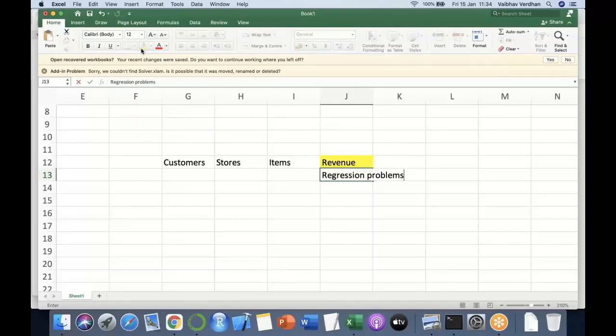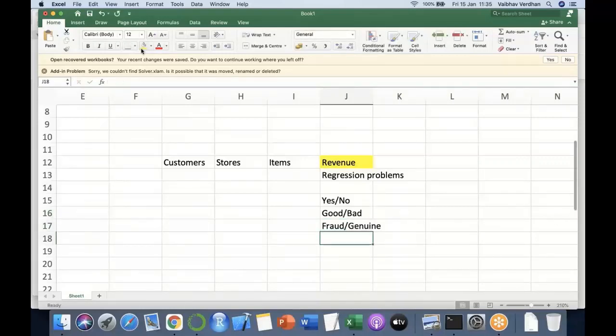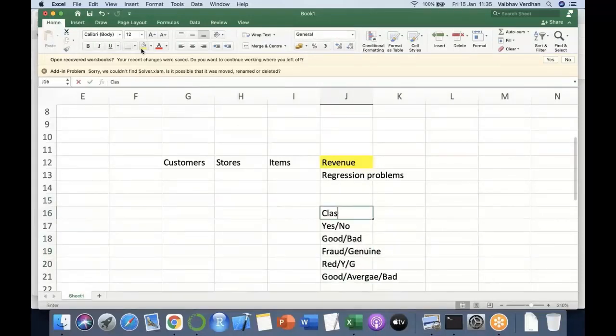If the target variable is categorical, that means yes, no, good, bad, fraud, genuine, or a multi-class one, where you have red, yellow, green, or a survey where you have good, average, bad, then all these are in the purview of classification problems. We will study classification problems in the next session next week. Today's session is more focused on regression problems.